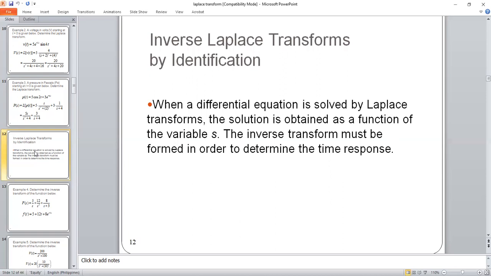So if your function of s does not look standard based on a particular function of t, you have to make it look standard. Normally, it will only require multiplication and division by a constant, or it may require you to complete the square in the case of a quadratic denominator in which the roots are complex and conjugate in nature.